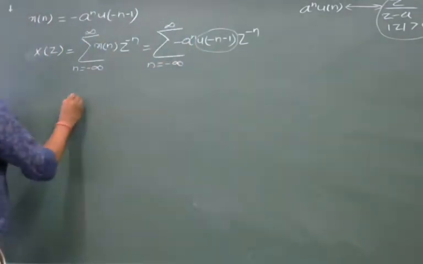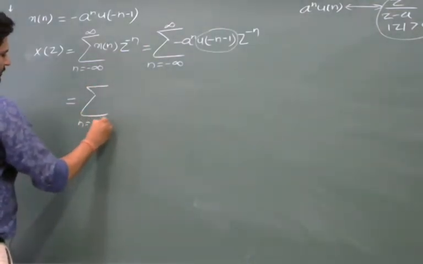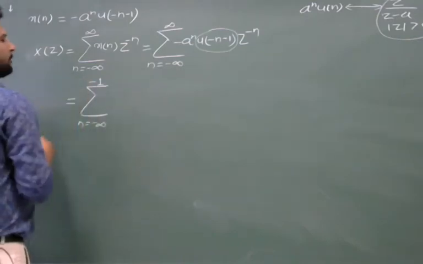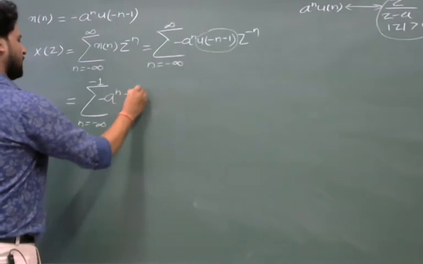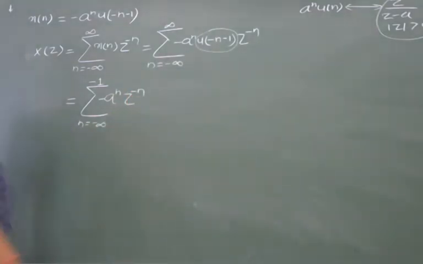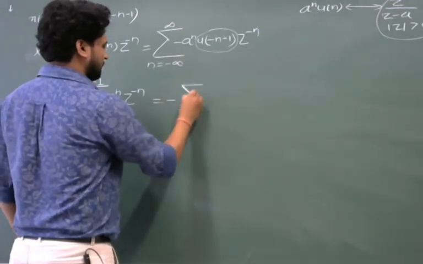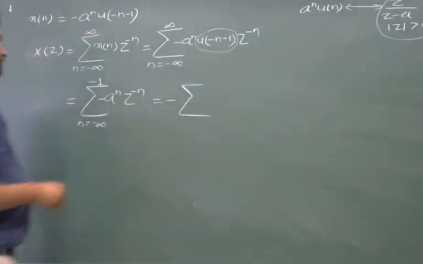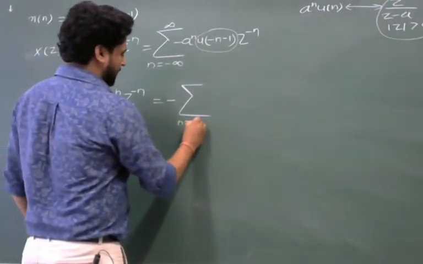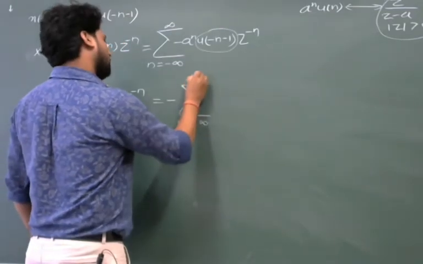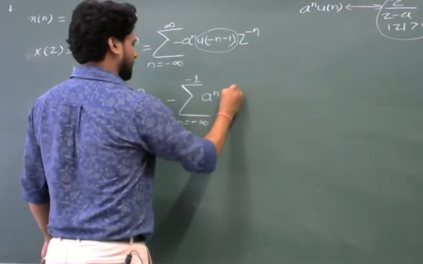So I will write it as sigma n from minus infinity to minus 1 of minus a power n z power minus n, or I will put minus outside of the summation. This will become minus sigma n from minus infinity to minus 1 a power n z power minus n.